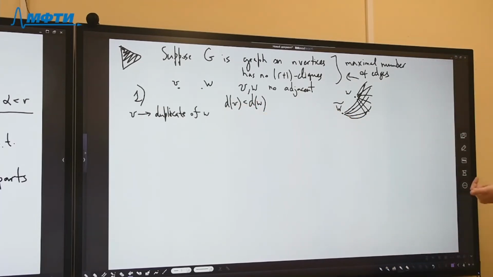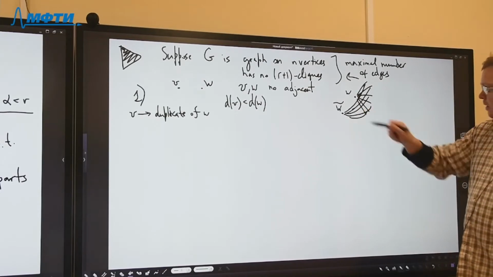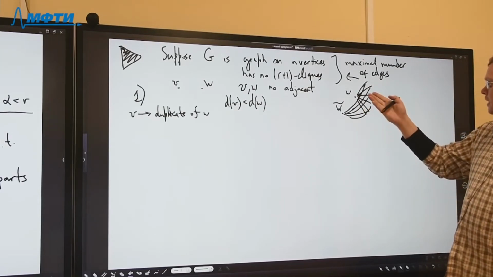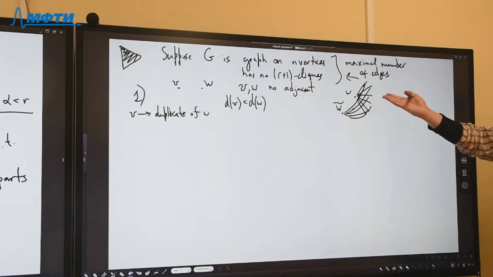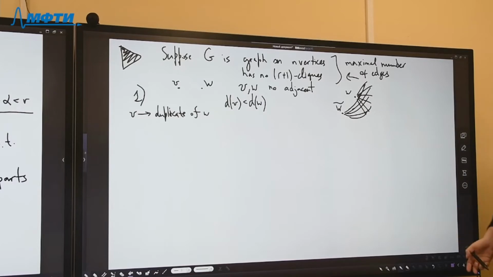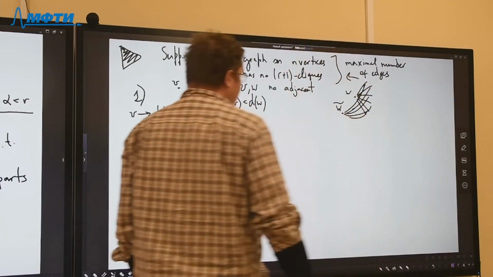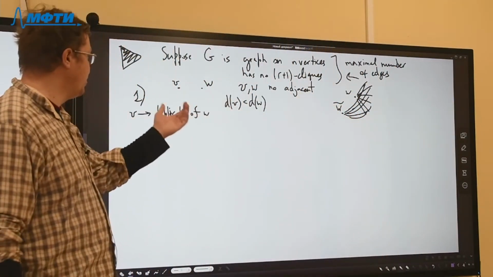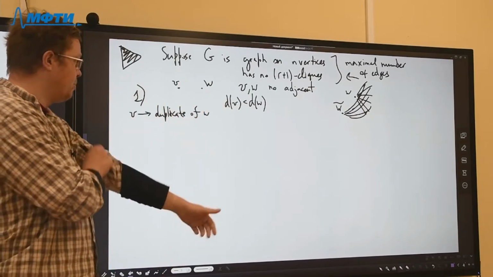It doesn't contain (r+1)-cliques, because if a clique contains W tilde, then we have a similar clique containing W. So if graph G doesn't contain (r+1)-cliques, then the new graph also doesn't, and we have a bigger number of edges. And so from the maximality, we can achieve that all the non-adjacent vertices have the same degree.